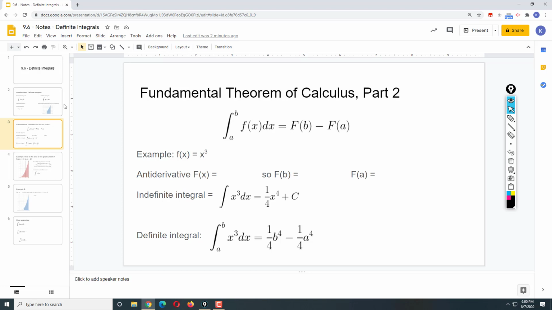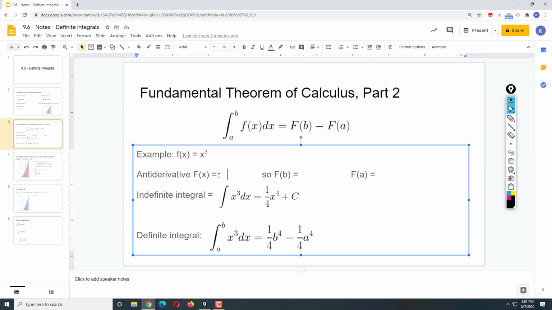For example, let's say that f of x is equal to x cubed. Then the antiderivative big F of x is going to equal 1/4 x to the 4th power. So big F of b would be 1/4 of b to the 4th power, and big F of a would be 1/4 of a to the 4th power. Those are the antiderivatives evaluated at a and b.